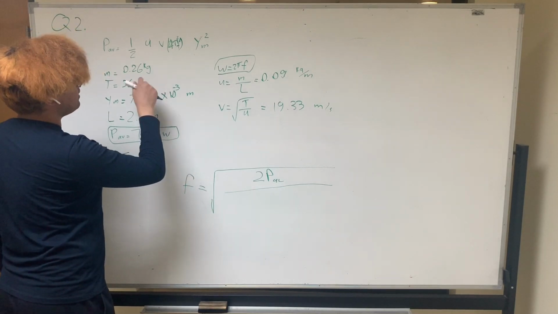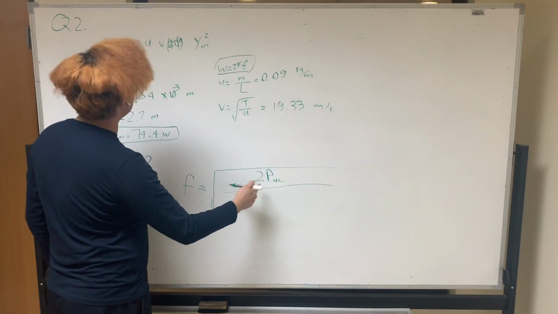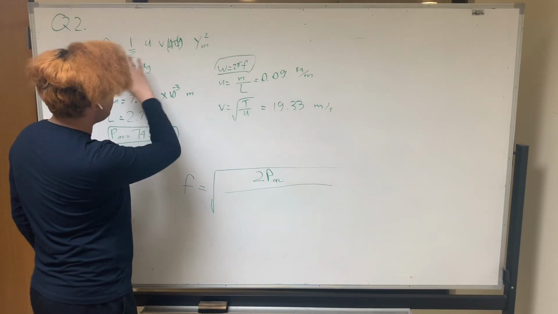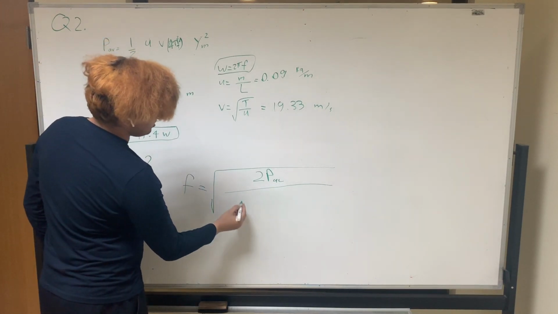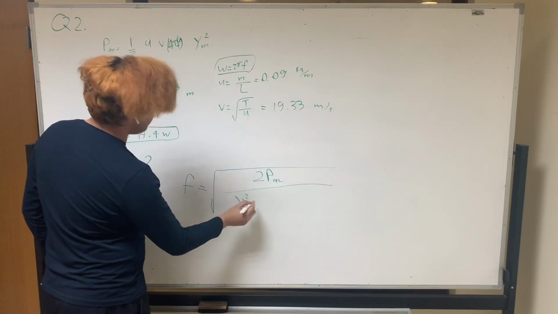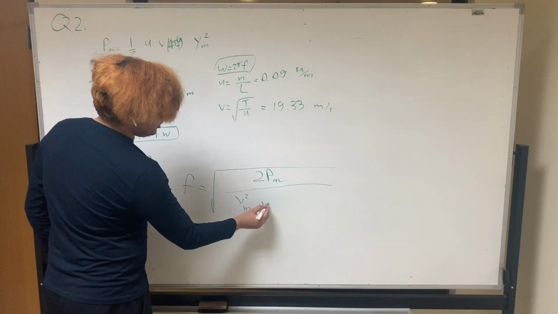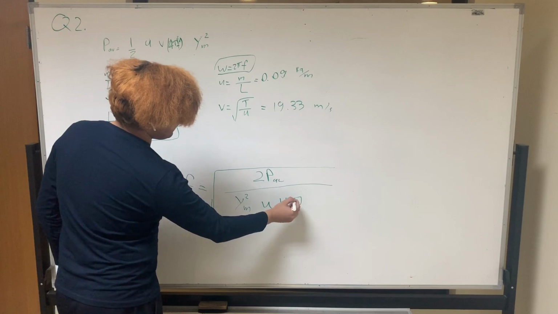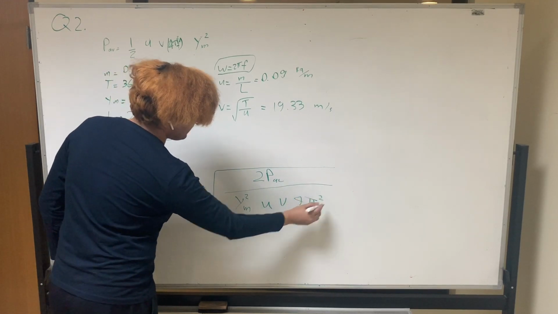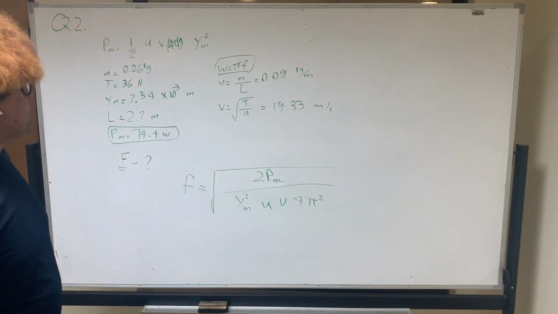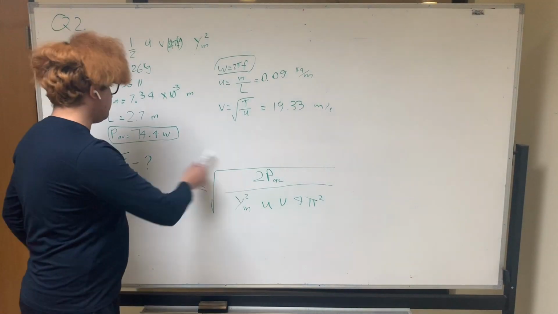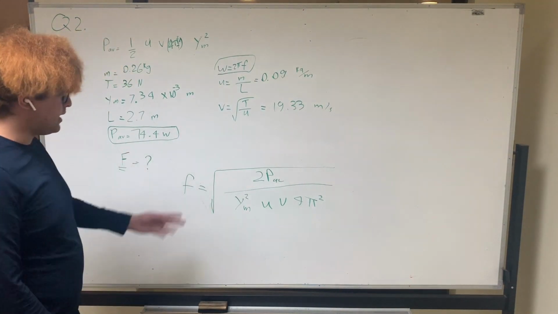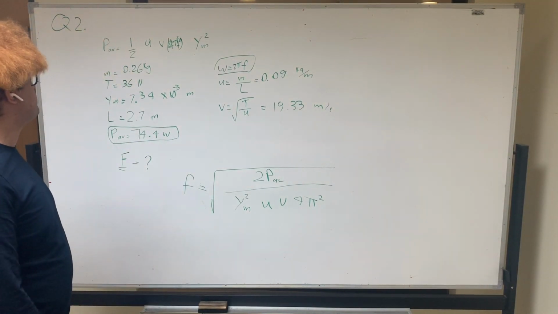And then we divide the 2P by everything here except for f. So that will be the amplitude squared times mu times the velocity times 4 pi squared. Okay, so you just now plug things in and the problem is pretty much solved.